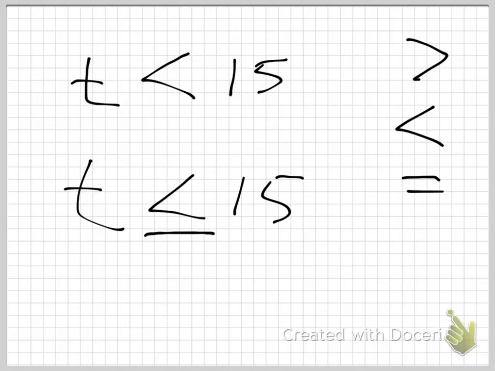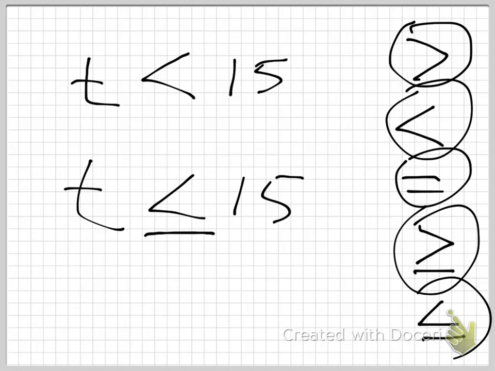We now have to add a few more: greater than or equal to, or less than or equal to. Here are the 5 symbols. You simply put a line underneath the greater than or less than symbol, and that tells you that it is or equal to.